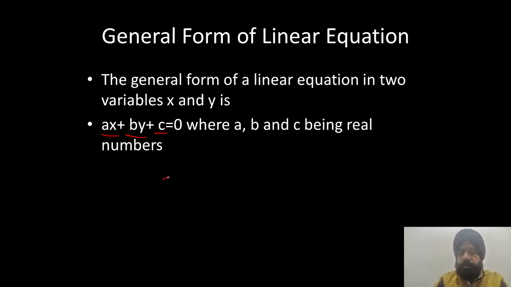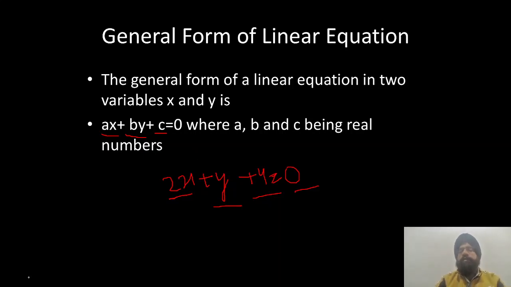For example, 2x plus y plus 4 equal to 0. You can match this. Here a is 2, b is 1, and c is 4. I hope you all are getting it.